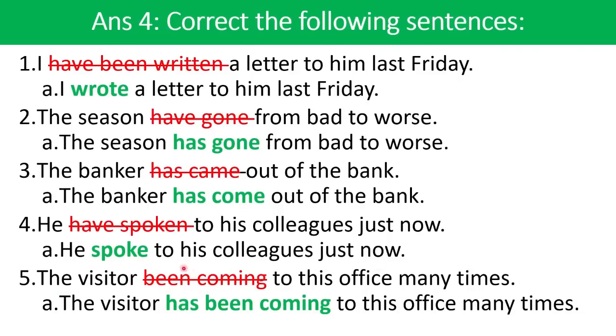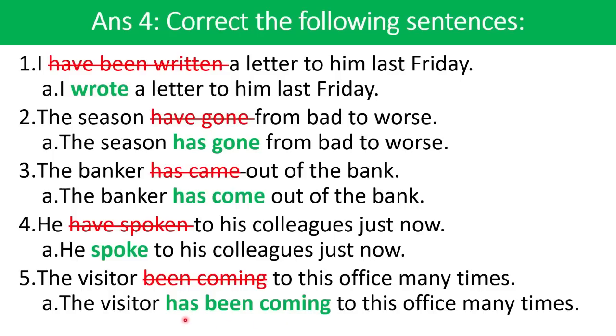The visitor been coming. Now there is no structure in English saying been coming. We have to say has been coming. This of course I did not use in any of the other questions, but this is also an important tense and aspect form. That is perfect continuous.